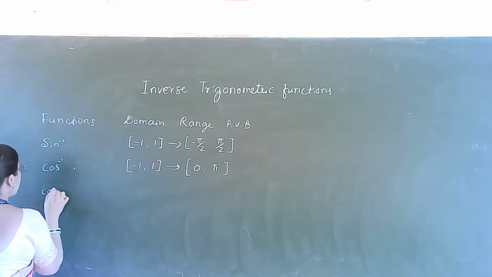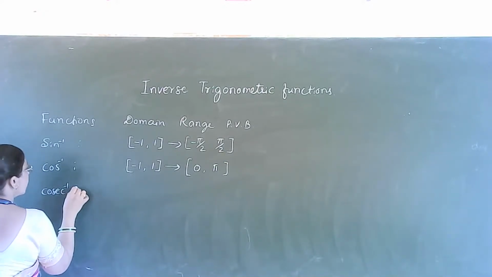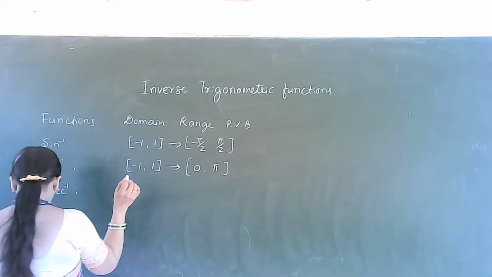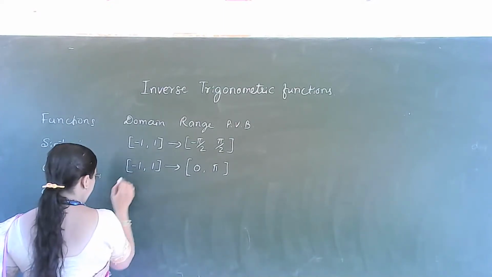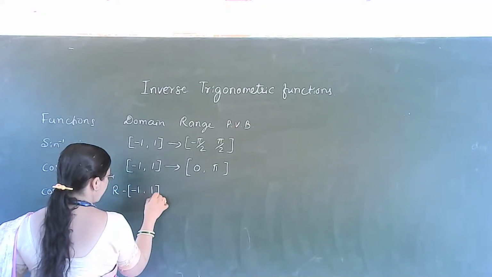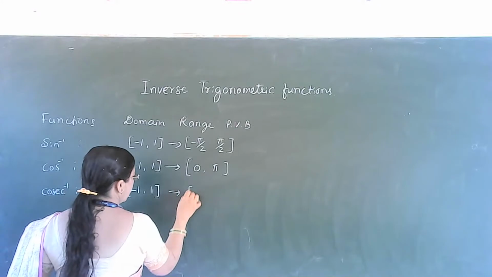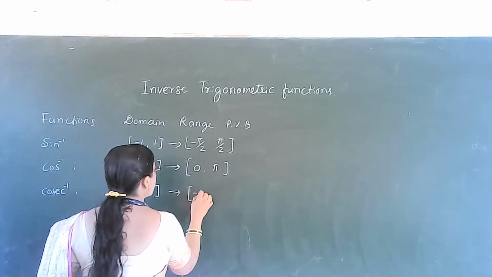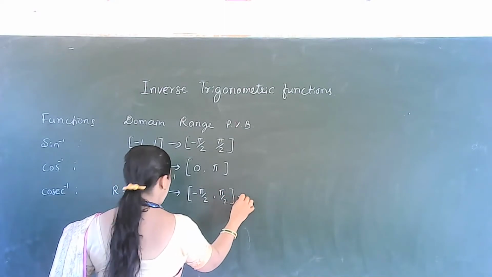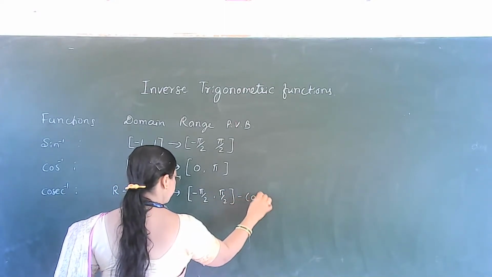Then cosec inverse is a function from R minus (-1, 1) to -π/2 to +π/2 minus 0.